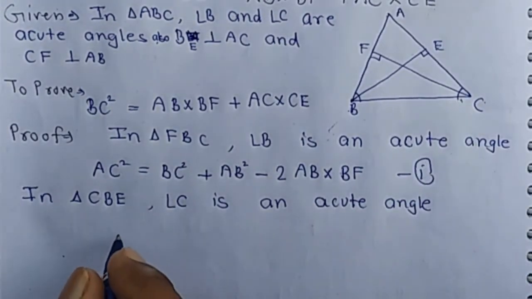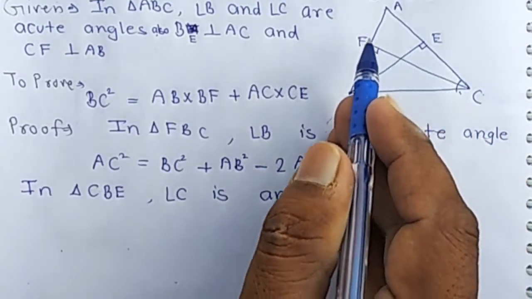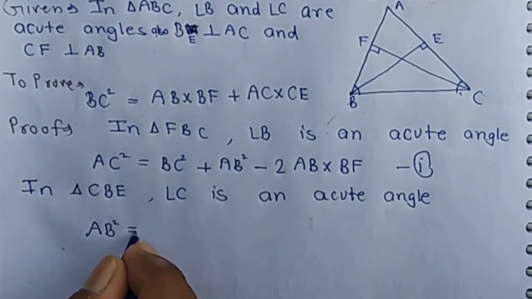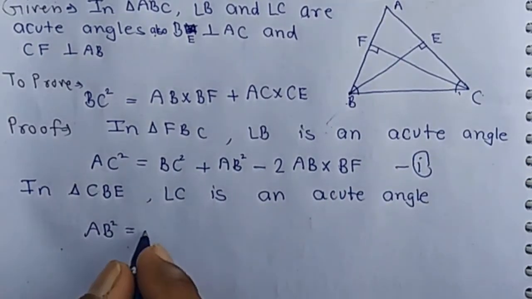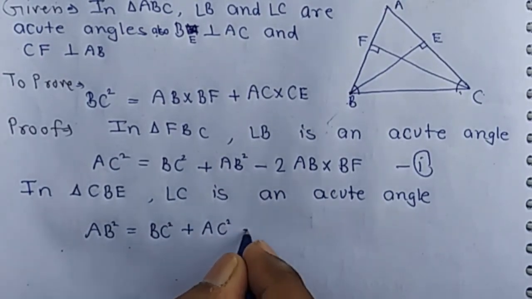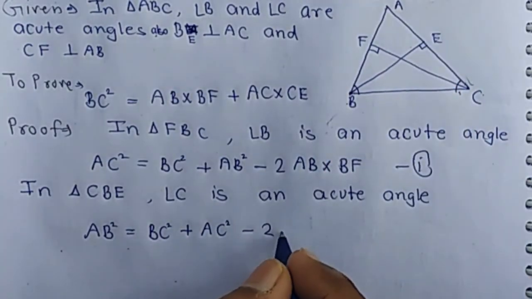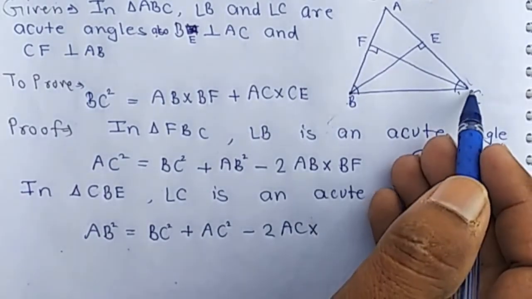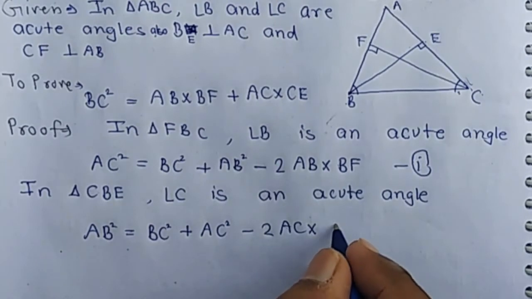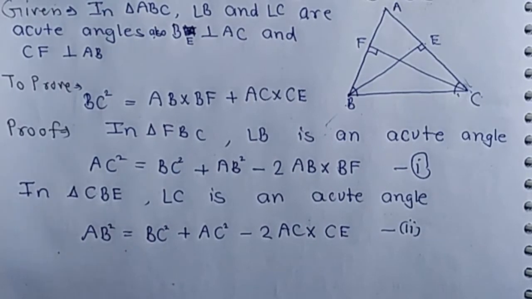Then the square of the side opposite to angle C, AB square, is equal to square of other two sides, BC square plus AC square minus 2 CA, means AC into distance of foot of perpendicular from point C, which is CE. It is equation 2.